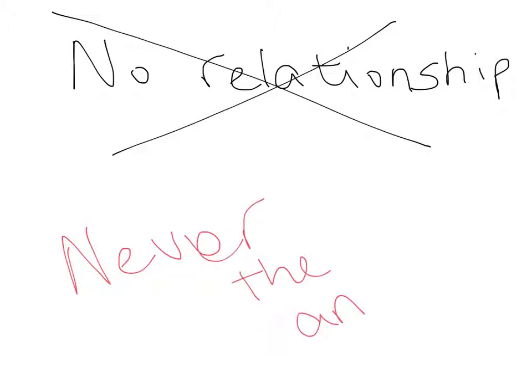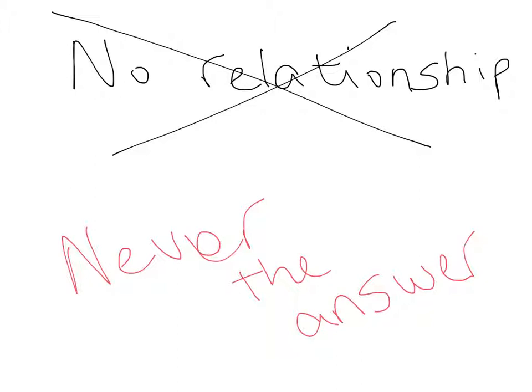Why that is because if it is on a graph, then there is a relationship. There might not be a trend, there might not be a correlation, but there is a relationship, okay? So no relationship is never, ever, ever the answer that you should pick. So that should help you narrow down your answer choices.